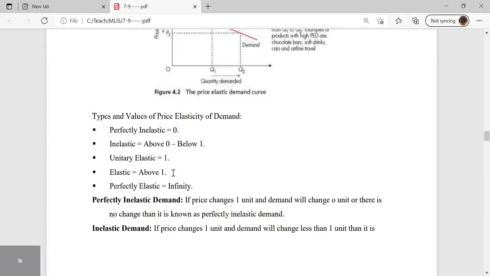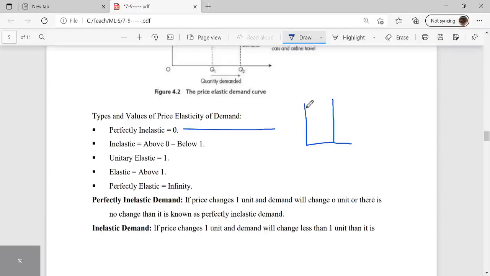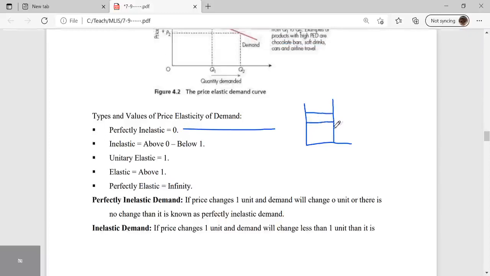So see what's happening over here. Let's draw them. For perfectly price inelastic, the graph is a vertical line. Even if you change the price, the quantity will still remain the same. The price is falling, but zero response.